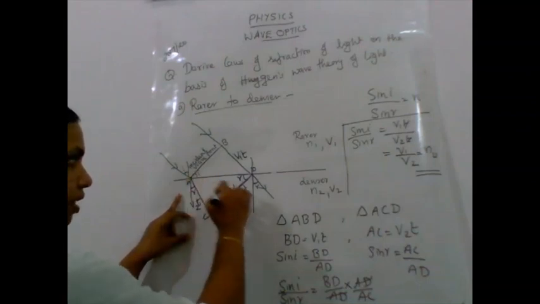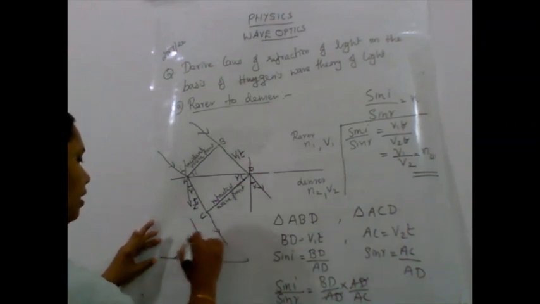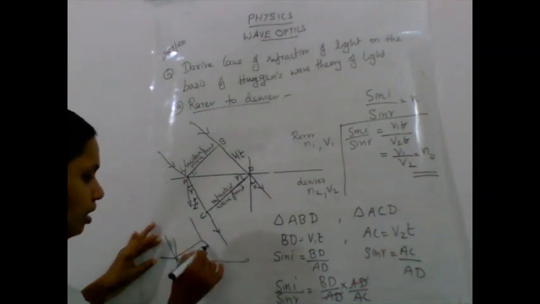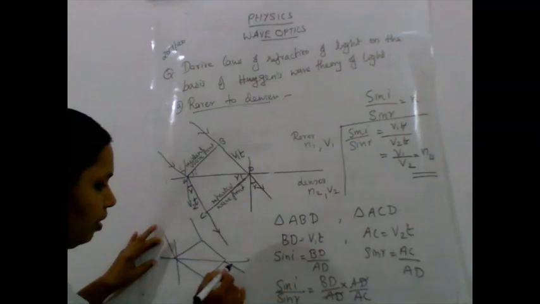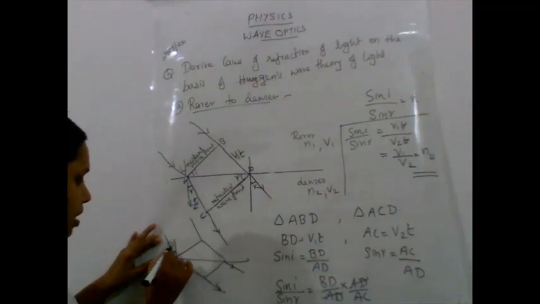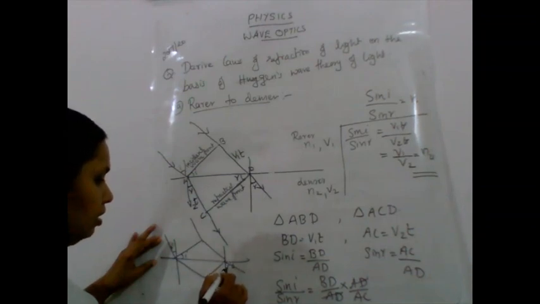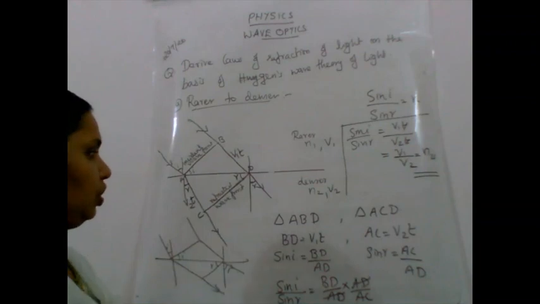The incident wavefront, this will be the refracted wavefront. This is i and this is i, this is r, this is r. Only this shifts from here to this side. All other things are the same.